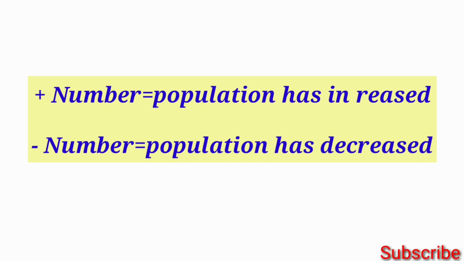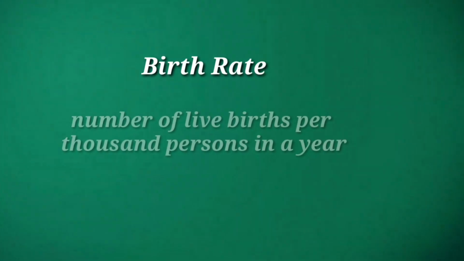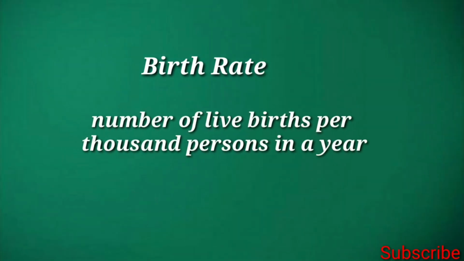What is birth rate? Birth rate is the number of live births per 1,000 persons in a year. For example, in 1992, the birth rate was 29 in India. So it means for every 1,000 people living in the country during that year, 29 live births took place.